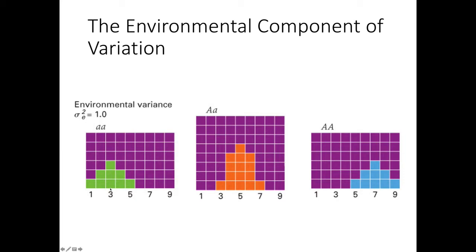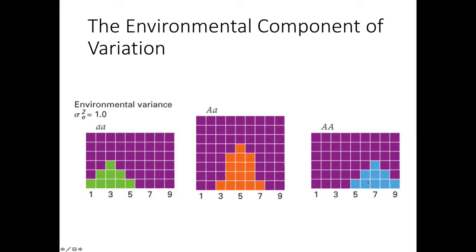So the average value for the little a genotype might be 3, but something about the environment may cause some individuals with that genotype to show a phenotype of 1 or a phenotype of 5. This is the environmental variation layered on top of the genetic variation. Likewise, for big A little a, there's going to be a spread of phenotypes due to environmental variation.